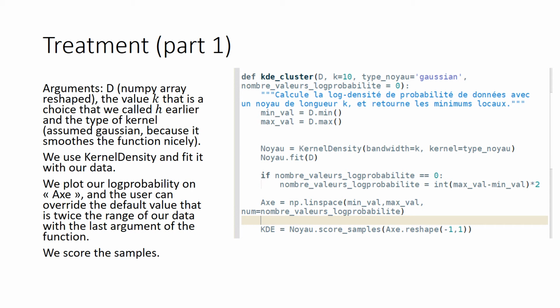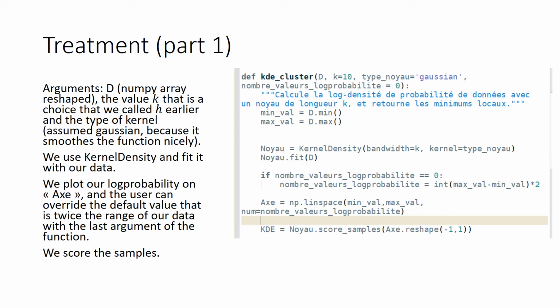I have no reason not to use it, but I don't have a good understanding of what's a good value. So I just added an argument because I wasn't sure if I had to keep his value or not. So I can say, okay, if I don't want it, I put a 0.